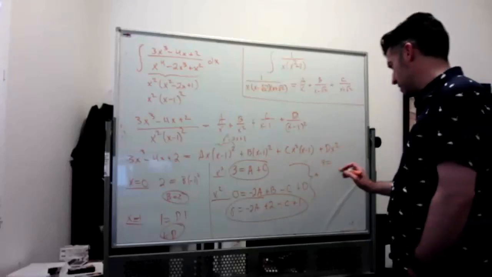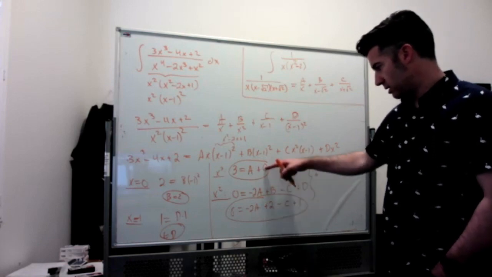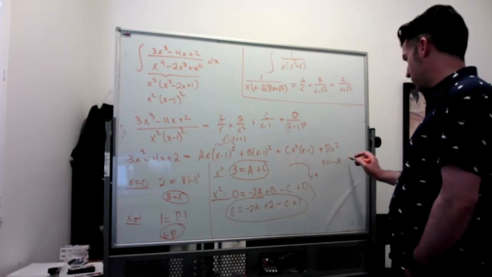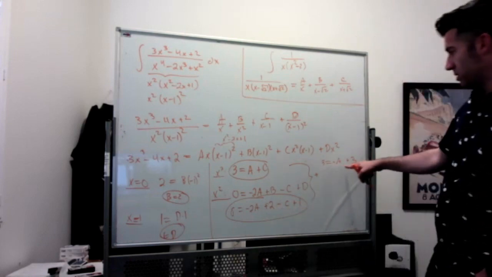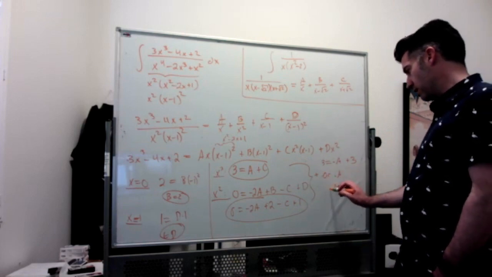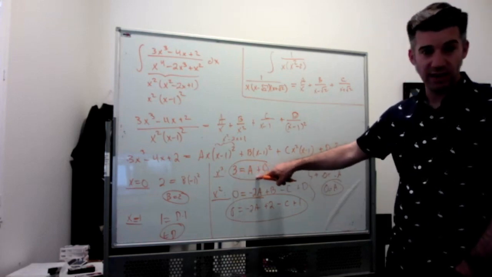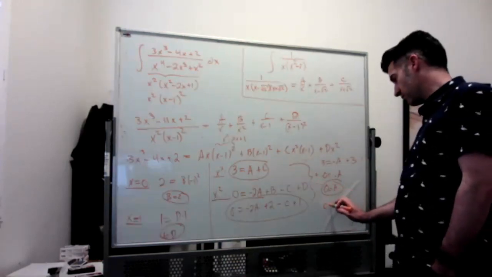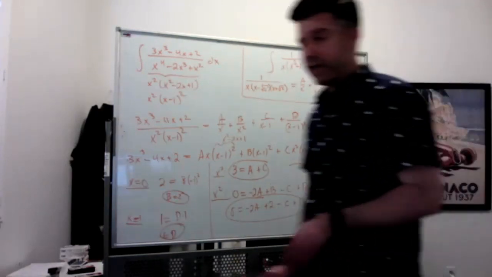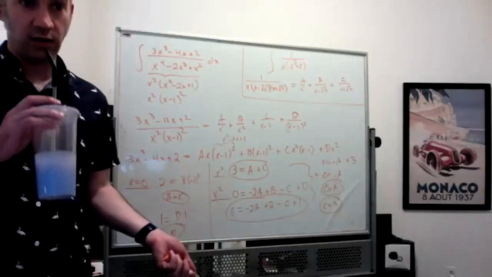A minus 2a is negative a. And then I get a c plus a minus c is no c. And then I get a 2 plus a 1, which is 3. So 3 equals negative a plus 3. So it looks like negative a equals 0. So a is 0. And then since 3 equals a plus c, if a is 0, c has to be 3. So equating coefficients is pretty useful. Again, I think it's best to first use the convenient values, but then after to equate coefficients.